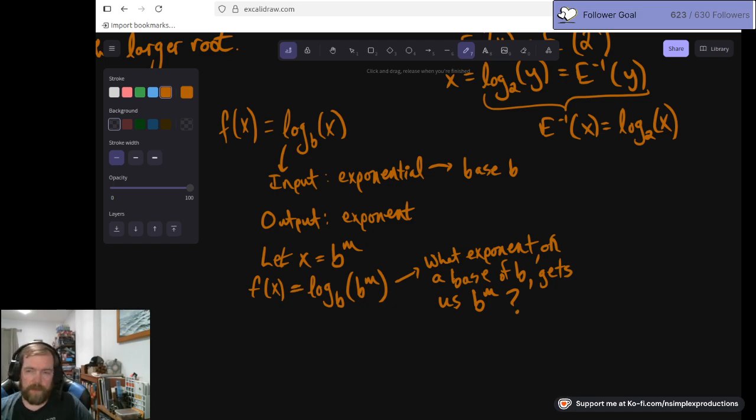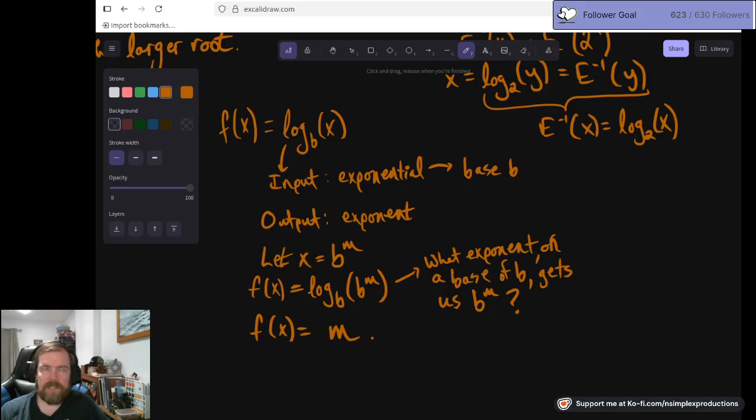Right? Reframe it. What exponent on a base of b gets us b to the m? So whatever x value you picked, even if it's not a nice exponential, all x's can be rewritten as b to some mth power. So the output here, f of x, is going to be what exponent on the base of b gets us b to the m? The answer is m.